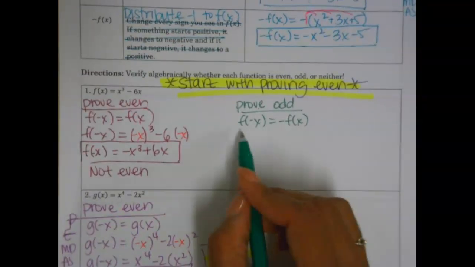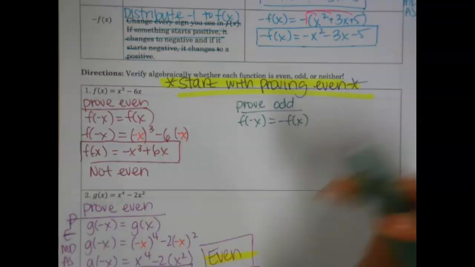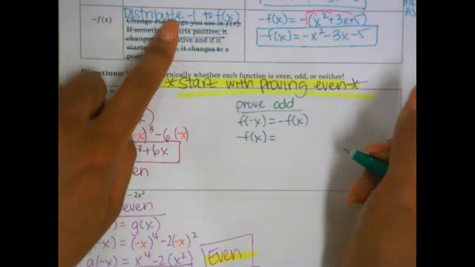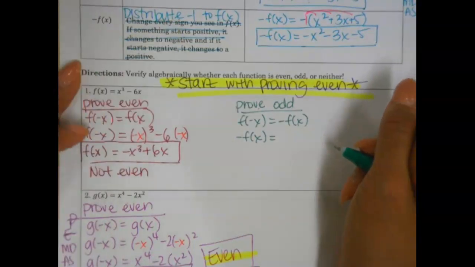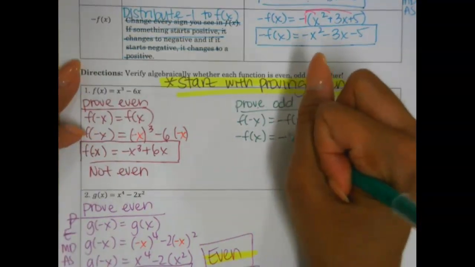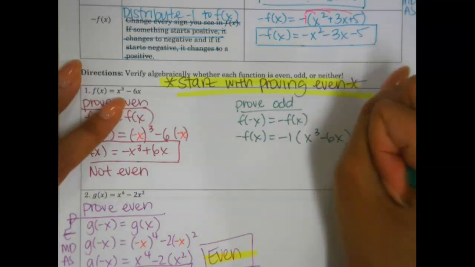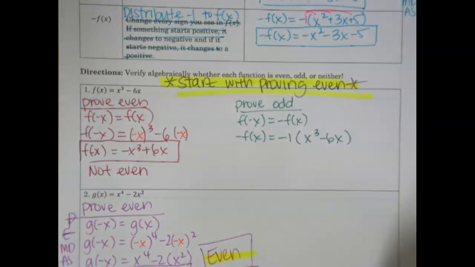So f of negative x is already over here to the left. I don't need to touch that. Let's do negative f of x. So that means I'm going to distribute negative 1 to the entire function of x. So negative 1, parentheses, f of x is x cubed minus 6x. Ingrid, what do I do at this point?